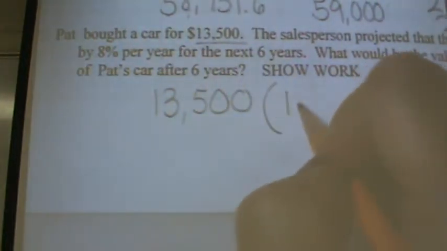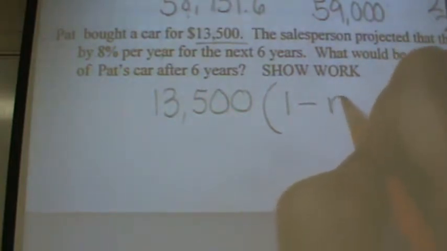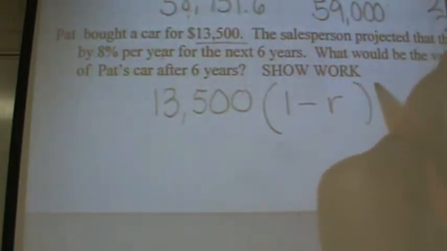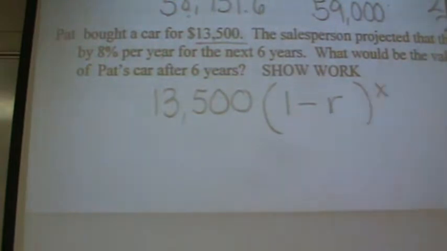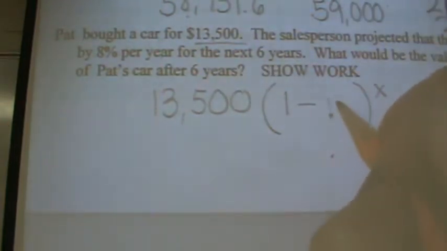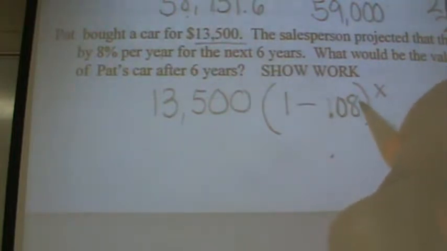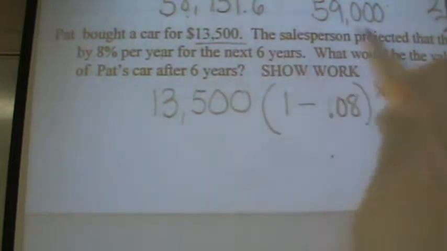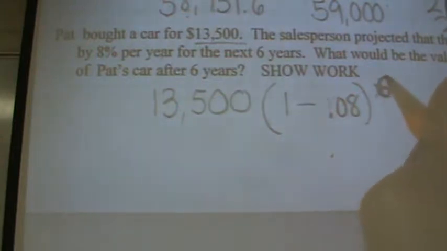So it's 1 minus the rate. Instead of 1 minus R, let's put 1 minus 0.08. And I want to know for the next 6 years. So this is 6. That's all you have to do.